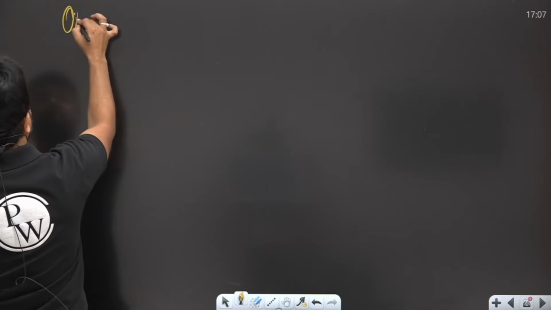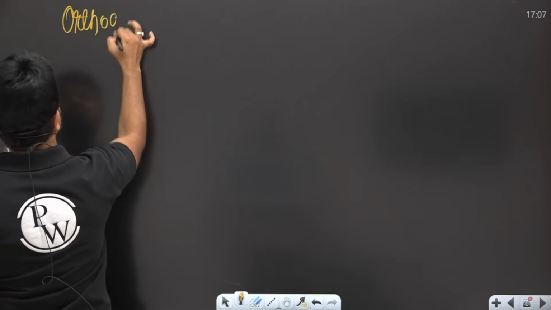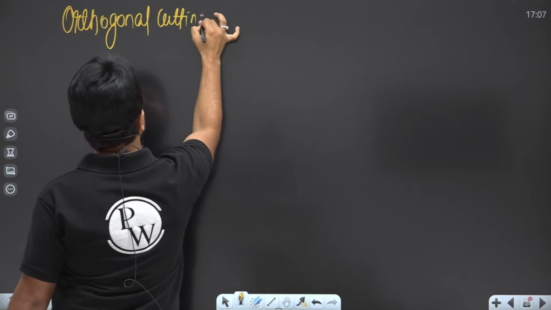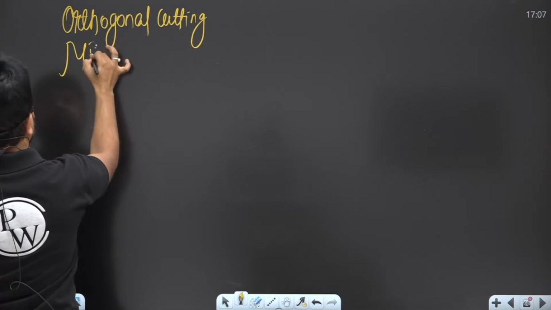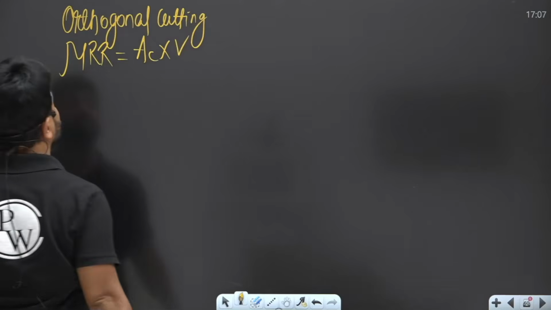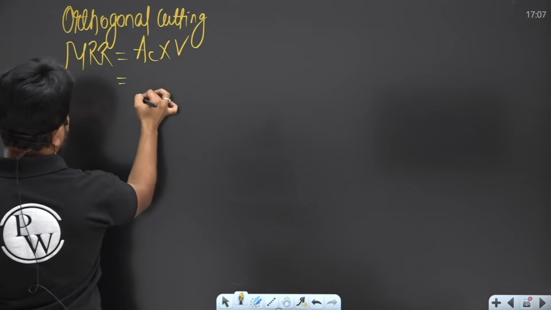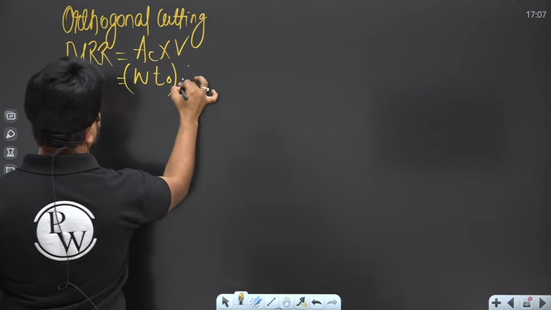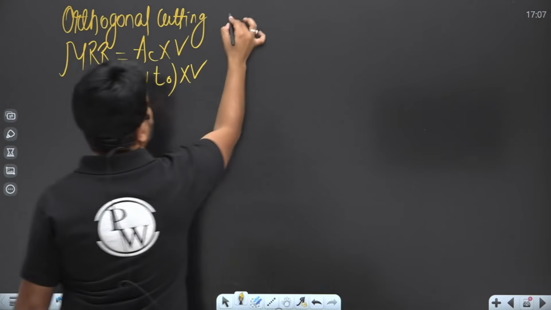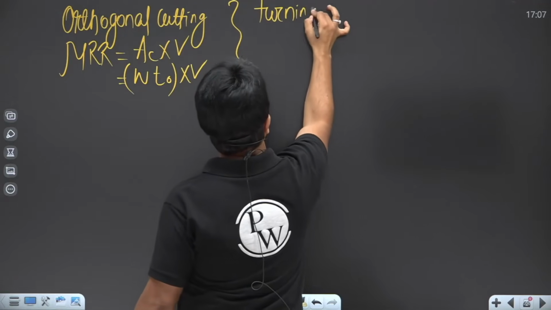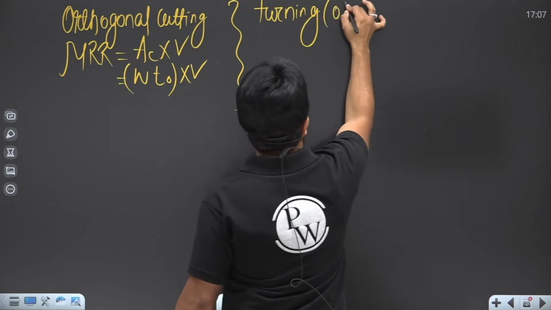In orthogonal cutting, the MRR is the cross-sectional area you are going to cut into the cutting velocity, where the cross-sectional area is width into uncut thickness. But turning is oblique cutting.